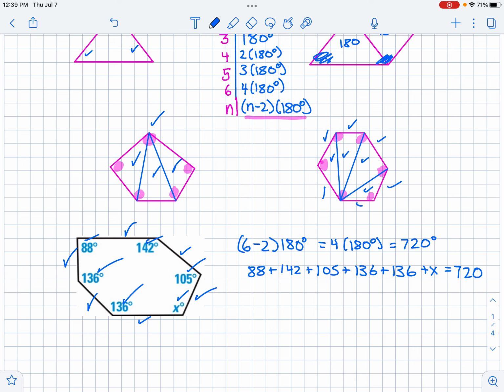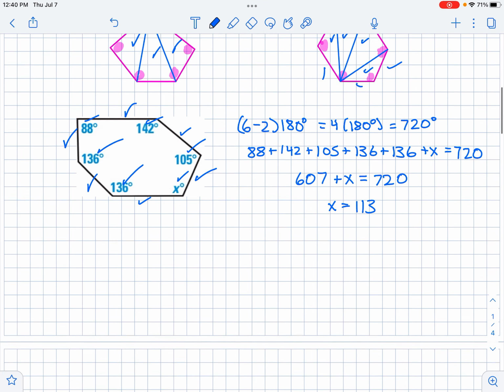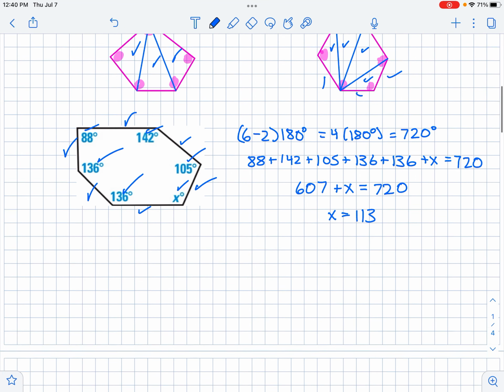When we add these up, it looks like we get 607 plus x is equal to 720. Then I subtract 607 from 720, and I get 113. So it looks like x is equal to 113. Okay, so that's how we use that.